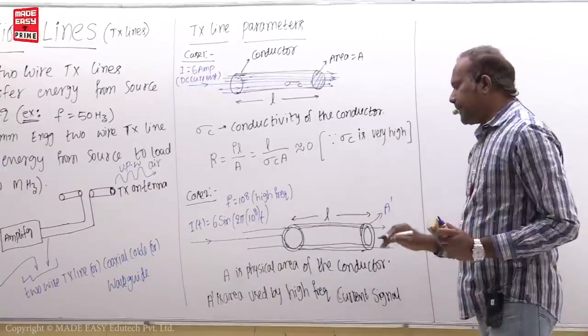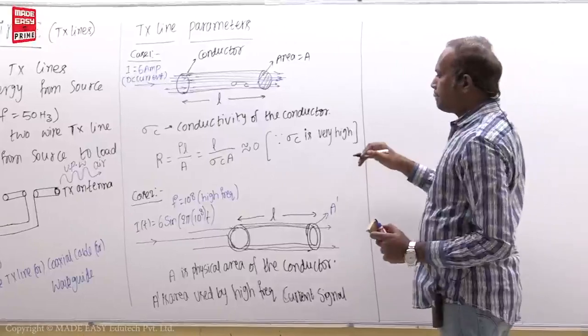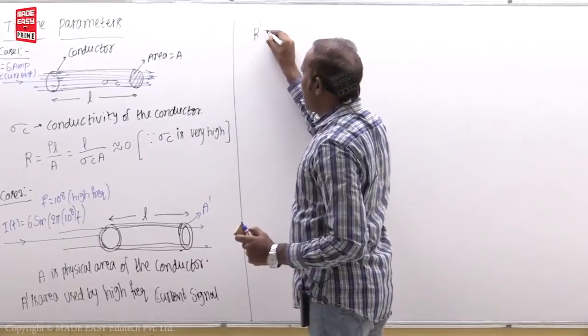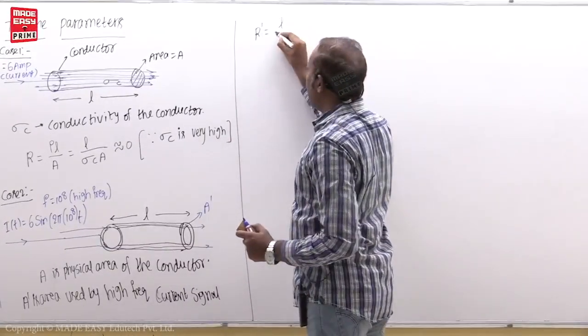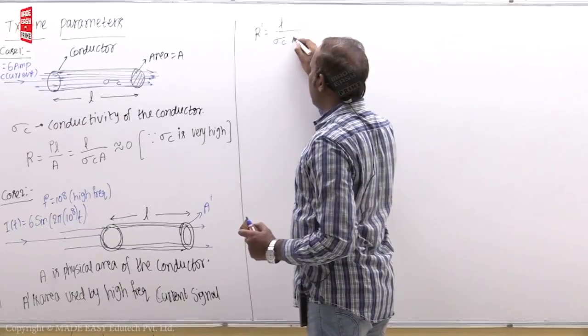Okay, dear students. Now resistance R dash is equal to L by sigma of the conductor into A dash.